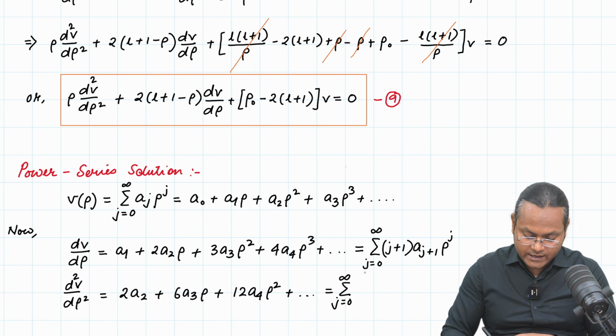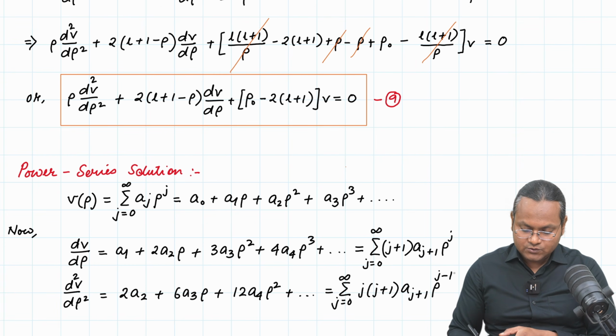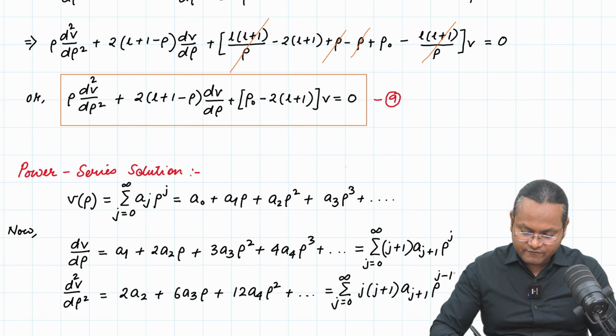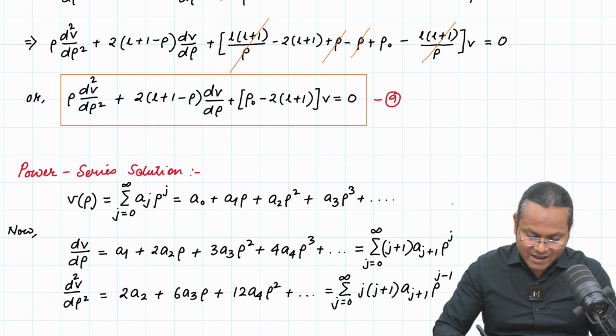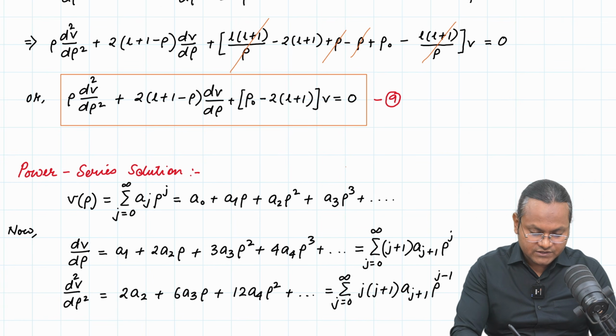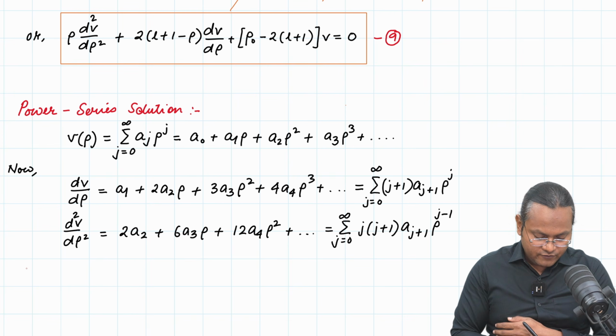You will have something like j into (j plus 1) a_(j plus 1) rho to the power j minus 1. Again, you can check that this is what we will end up getting. Now what happens if I substitute all of this back into equation number 9? Now the power series solution will go back into the differential equation, right?